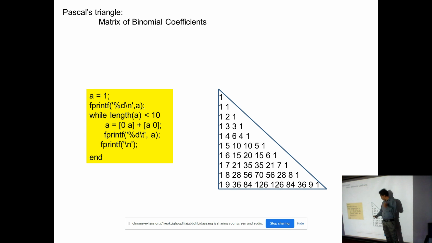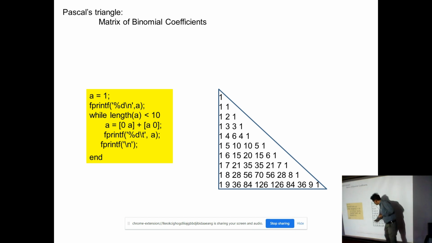You know that in mathematics. This is called 5C1. 5C1 is 5, you can calculate: 5 factorial by (5 minus 1) factorial into 1 factorial, you will get 5 only. This is called 5C2. 5C2 means 5 factorial by (5 minus 2) factorial into 2 factorial, you will get the value 10 if you calculate. So in any row, that row will follow the nCr formula with n equal to that row.